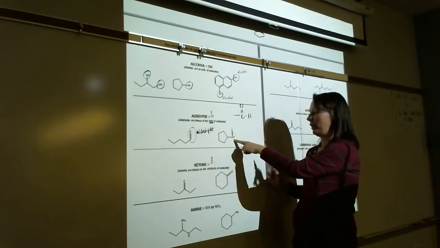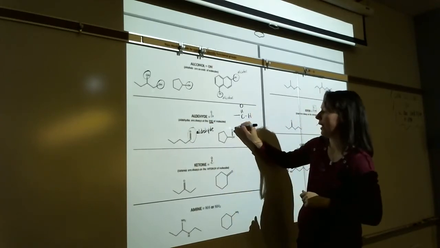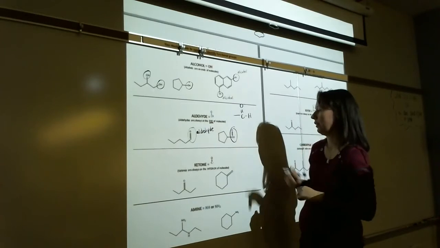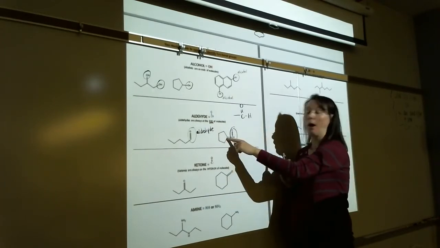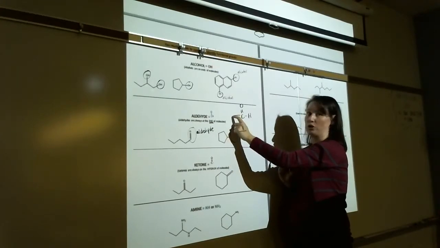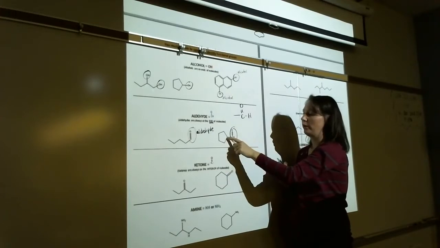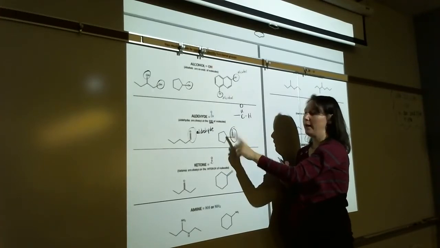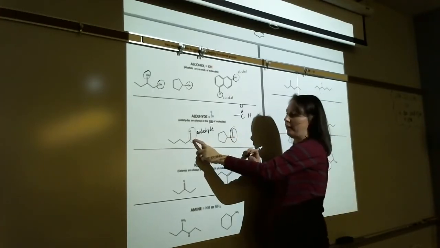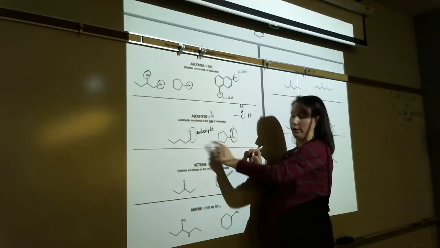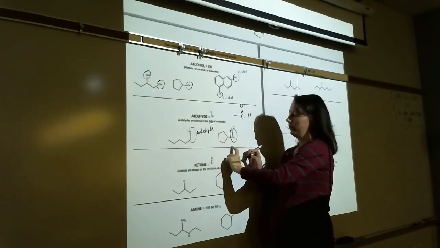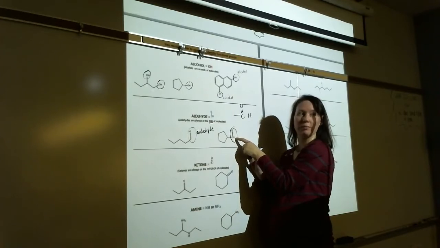This one I did write it just so that you can see one with it and one without it. That's an aldehyde as well. Is this carbon right here part of the aldehyde? No, that's just the carbon that it's attached to. So make sure you know this carbon is not part of the aldehyde. And make sure you realize that the H could or could not be shown. I wrote it here just to help you, but I don't have to show it.